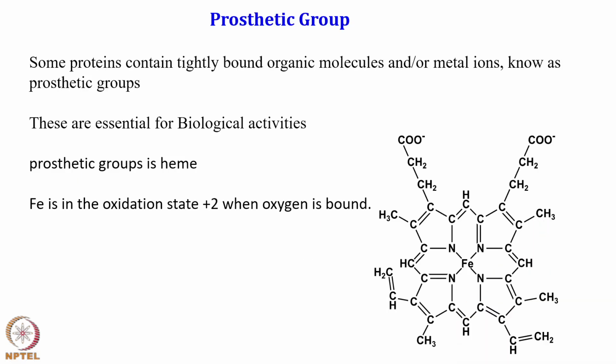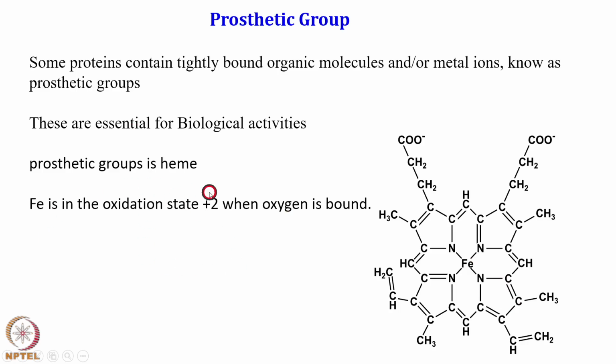Now, other than these which are present in the biomolecule, there are prosthetic groups. These are tightly bound to the protein. It can be a small organic molecule or metal ion known as a prosthetic group, and essential for biological activity, something like heme is a prosthetic group.